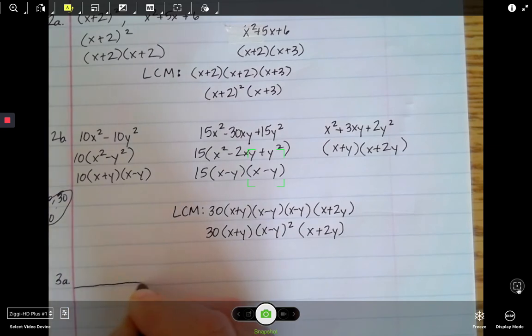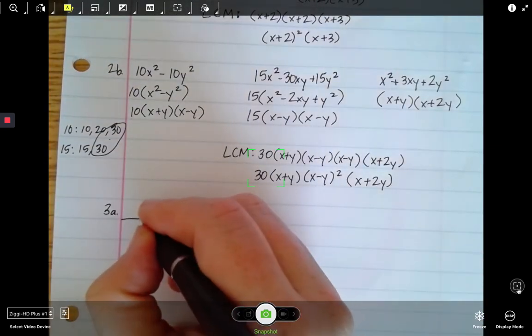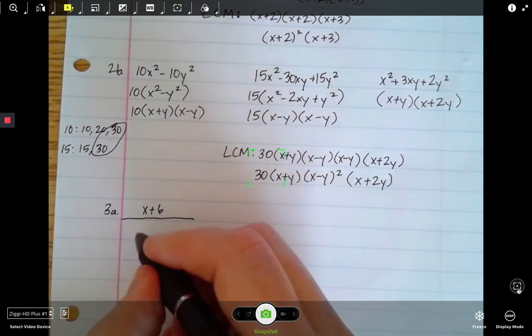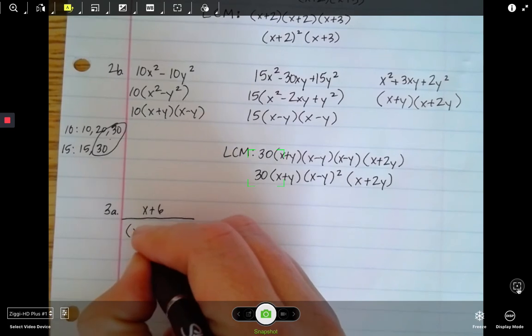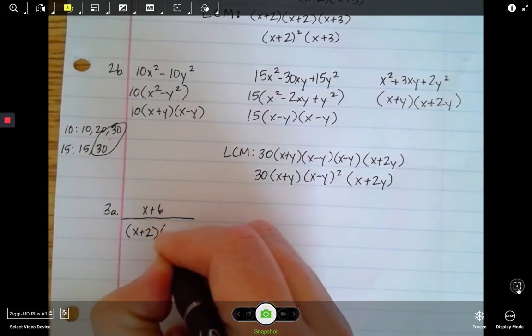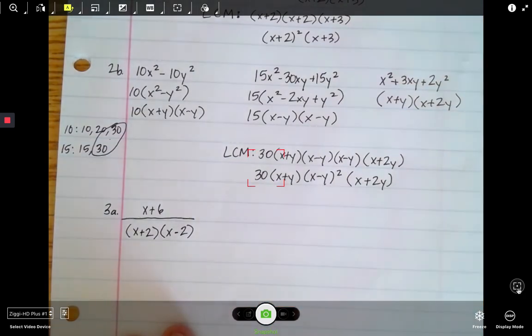So, does my first numerator need factored? No, because it's just a linear term, right? But my denominator, x squared minus 4, factors into x plus 2 times x minus 2. They like using those difference of squares.